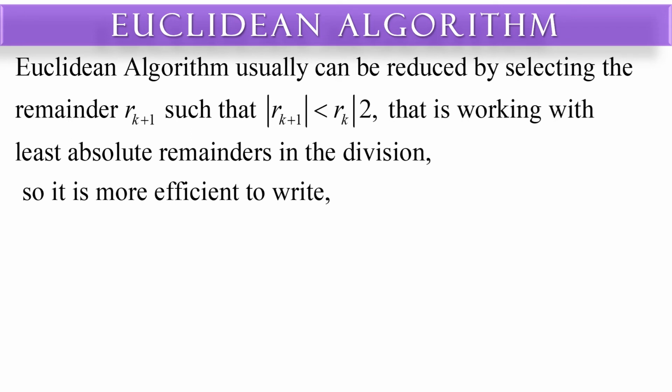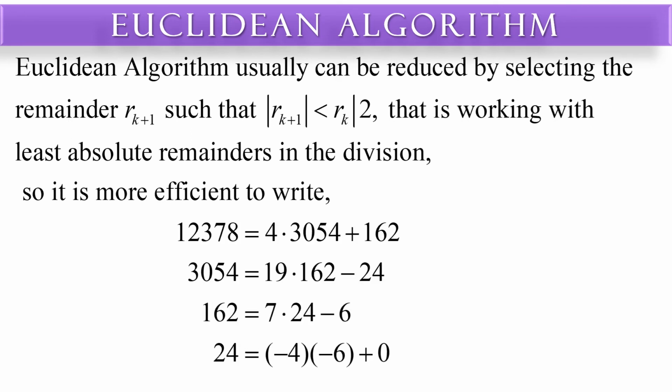So it is more efficient to write 12,378 is equal to 4 times 3,054 plus 162, and by continuing, 3,054 is equal to 19 times 162 minus 24, and then 162 is equal to 7 times 24 minus 6, and 24 is equal to negative 4 times negative 6 plus 0.